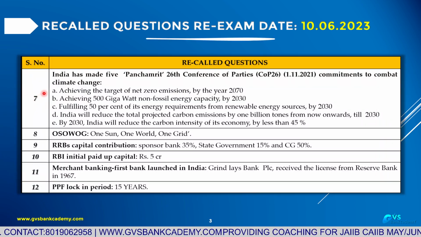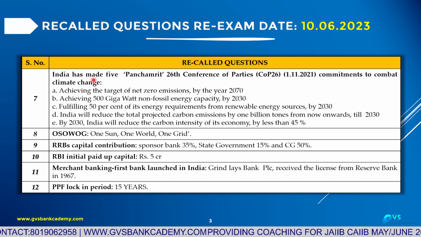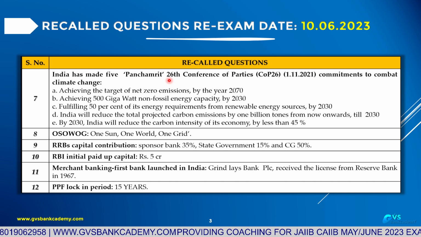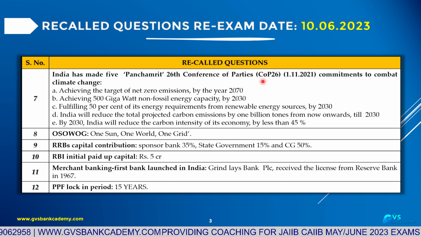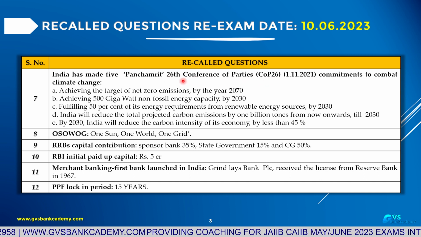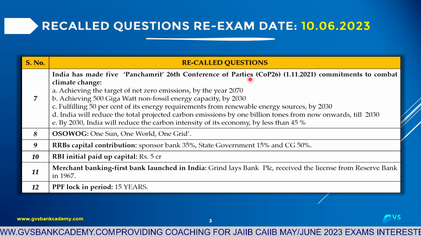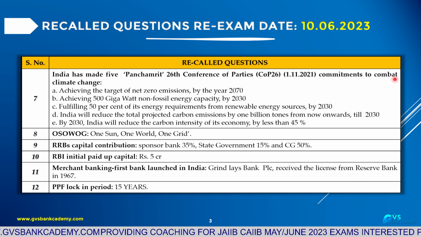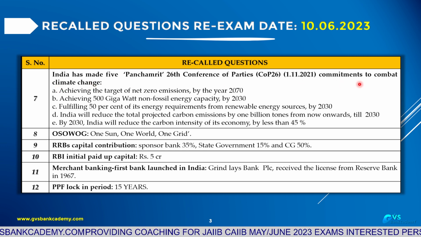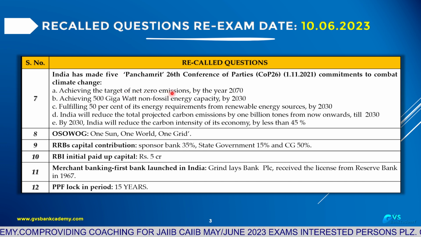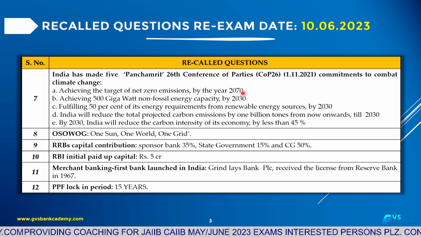7th question, very important. India made 5 Panchamrit commitments at COP26, the 26th Conference of Parties to combat climate change. What are the 5 points? Achieving net zero emissions by the year 2070.